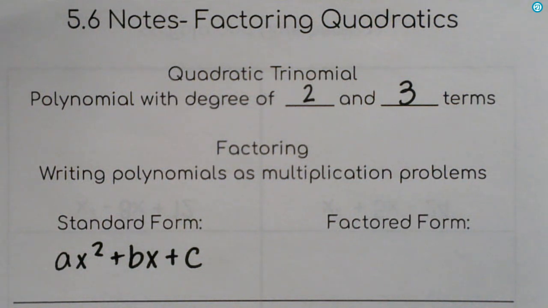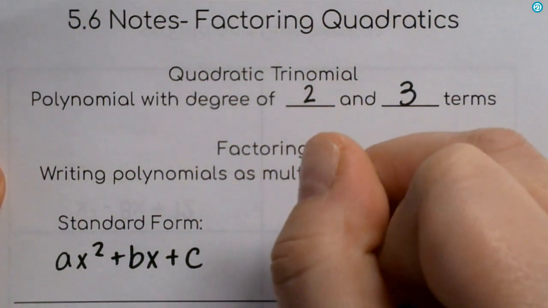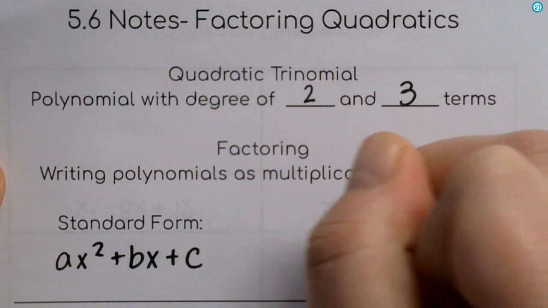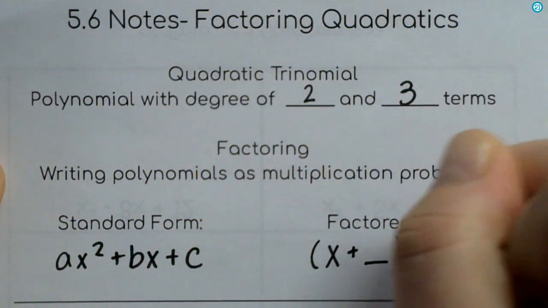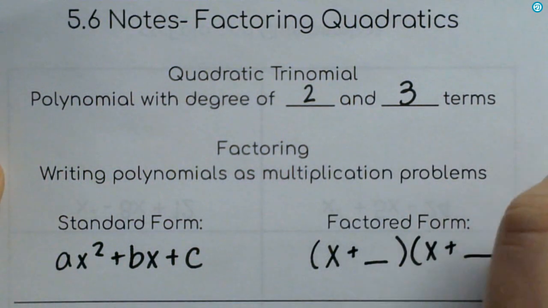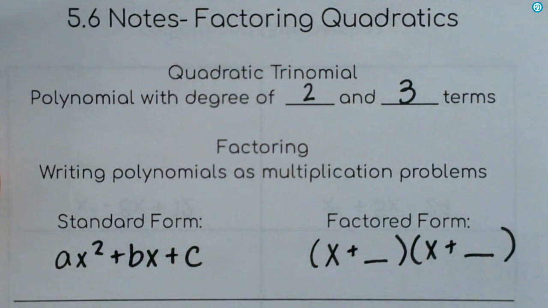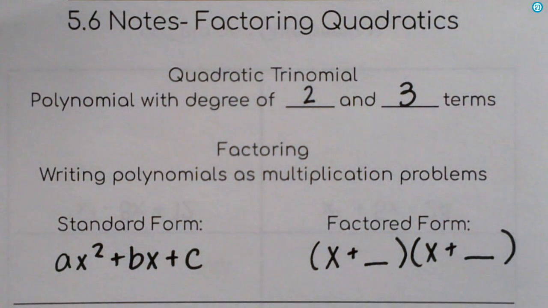Okay, once we get them factored out, they are going to be 2 sets of parentheses, and in each set of parentheses is going to be x plus a number times x plus a number. So I'm just going to put x plus blank, x plus blank.